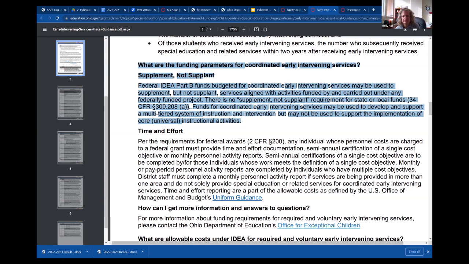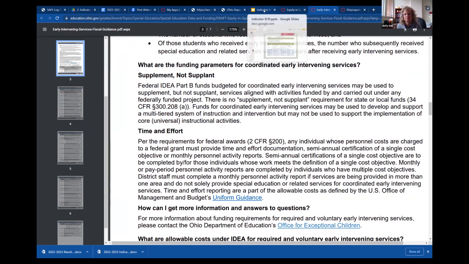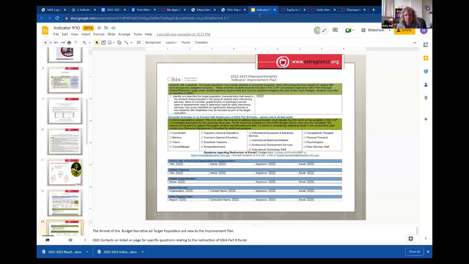Funds for coordinated early intervening services may be used to develop and support an MTSS of instruction and intervention, but may not be used to support the implementation of core instructional activities. It looks like it's on page 3. All right.